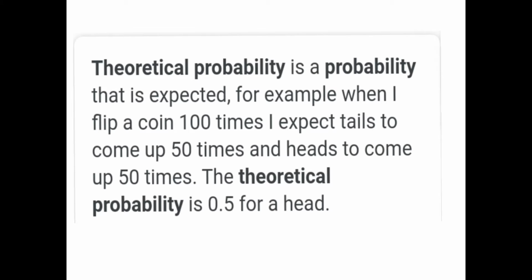Meaning that the theoretical probability is half for a head and half for a tail. That is theoretical probability. Anything that is expected is theoretical probability. Let's try an example and see if we can shed more light on what theoretical probability is all about.